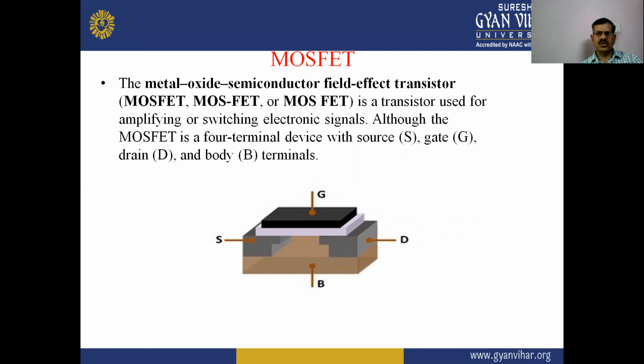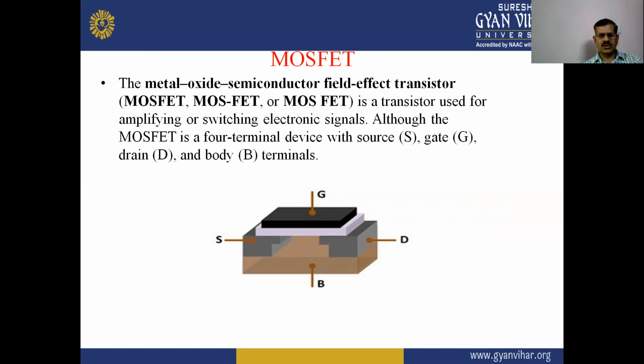Although the MOSFET is a four-terminal device with source, gate, drain, and body terminal. So there are four terminals in total in MOSFET. First one is source, second gate, third drain, and fourth one is the body.